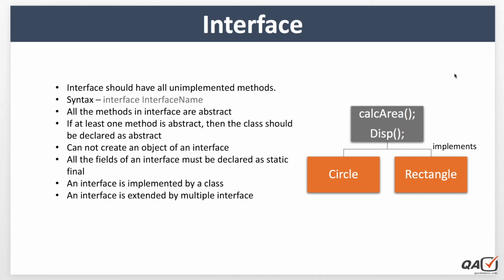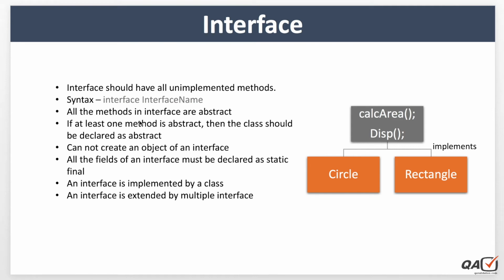Now what it says is that in your abstract it will be a combination of implemented and unimplemented, but here only unimplemented. So that's why if you see here everything is semicolon ended, so there is no logic written for this. Now the syntax is interface name, so there is no class concept here.